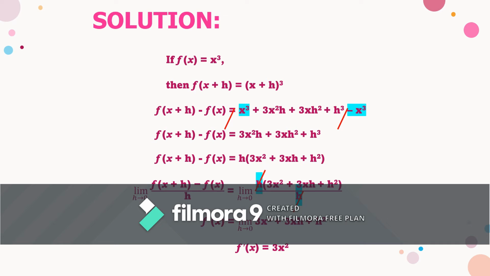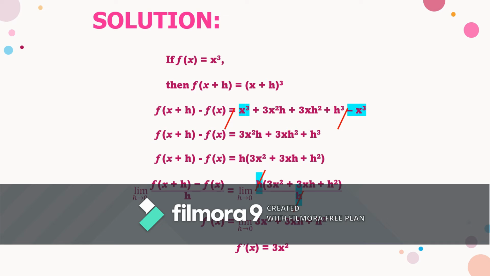So dividing both sides now by h. As you observe, we canceled the variable h in both numerator and denominator. So what is left is 3x squared plus 3xh plus h squared. And we have to find the limit.